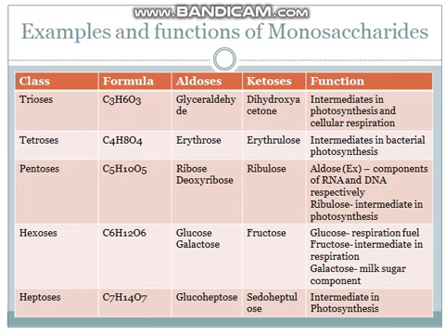Its aldehyde form is called an aldose, so it's glyceraldehyde, and the ketose form would be dihydroxyacetone. Its function is that it's an intermediate in the synthesis and in cellular respiration.